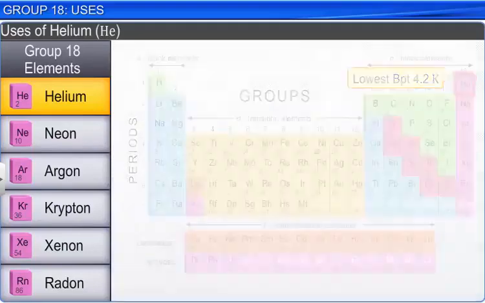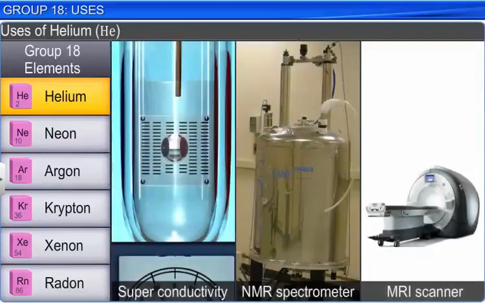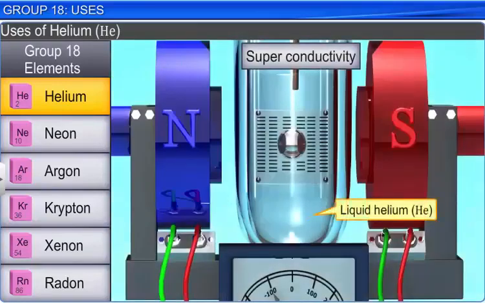Hence, liquid helium is used as a cryogenic agent to perform experiments at very low temperatures. Liquid helium finds use in cryoscopy to obtain the very low temperatures required for superconductivity.